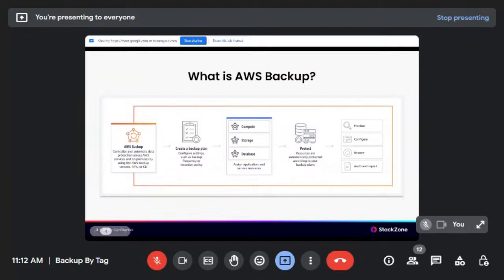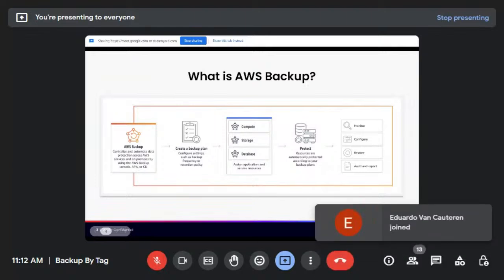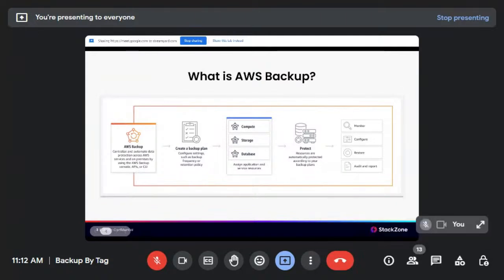And that's it. The rest of the automation will take care of the backup process, the encryption, and the lifecycle retention period. So I mentioned encryption, and just to give a bit more information on that.